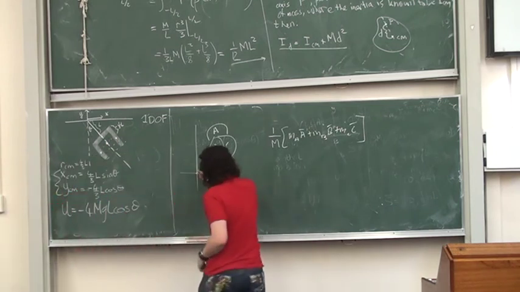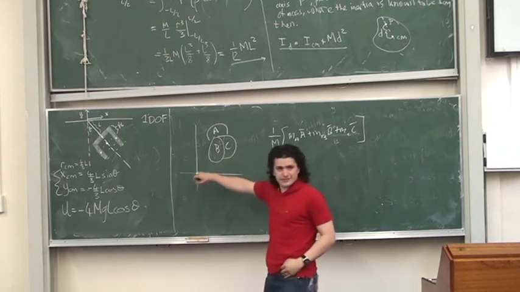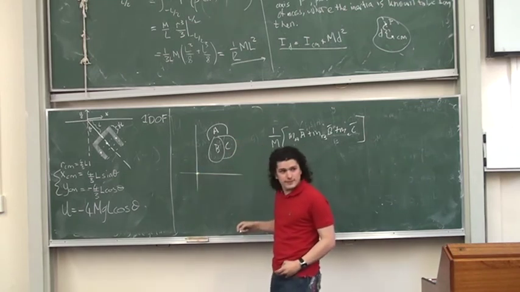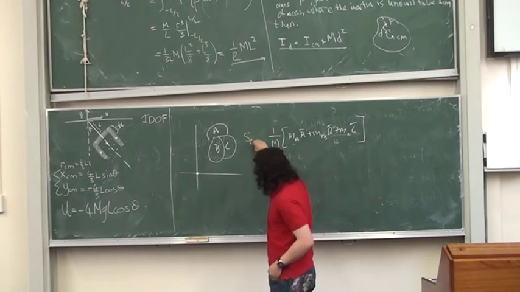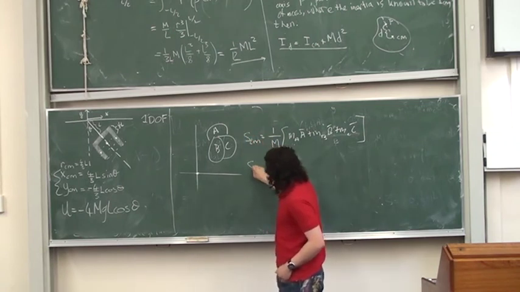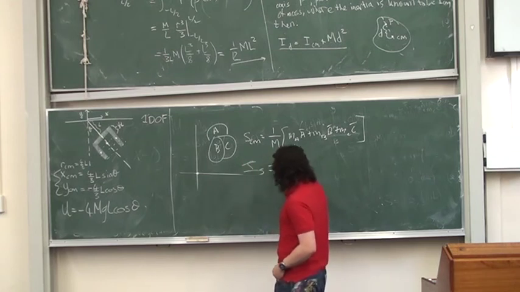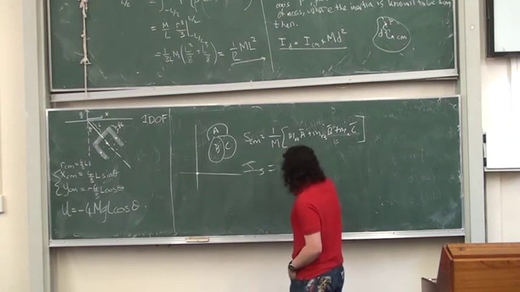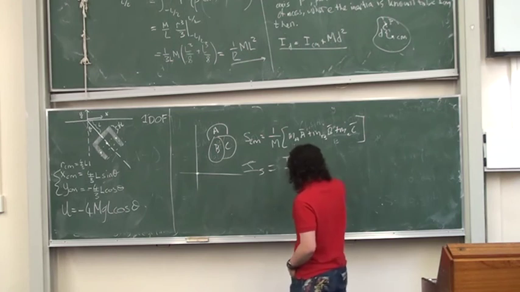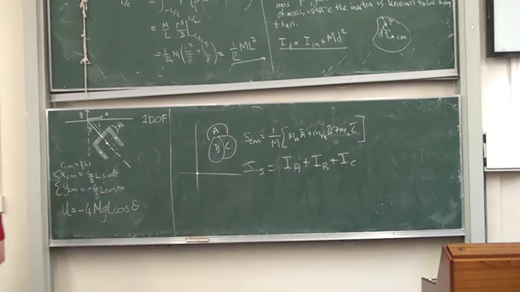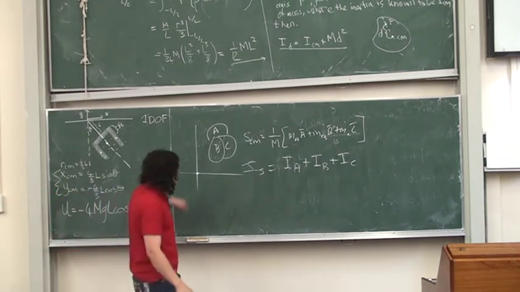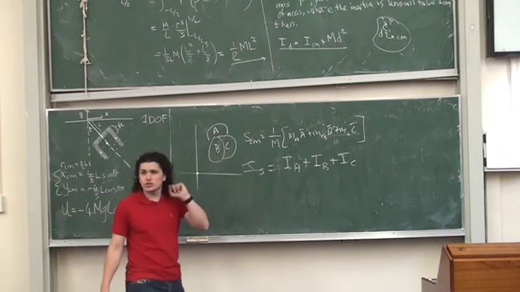So, if you know the moment of inertia from some common axis for each of A, B, and C, then the total moment of inertia of the system is going to be just the sum of the moment of inertia for each one. So we can do that, but we need to be working from a common point, from a common point for each one of them.